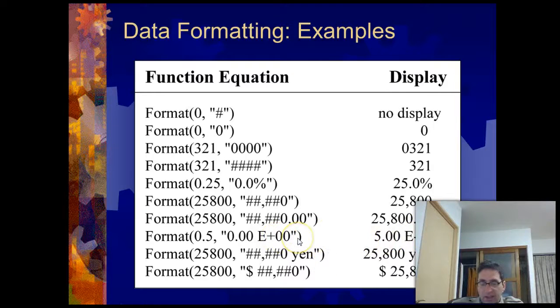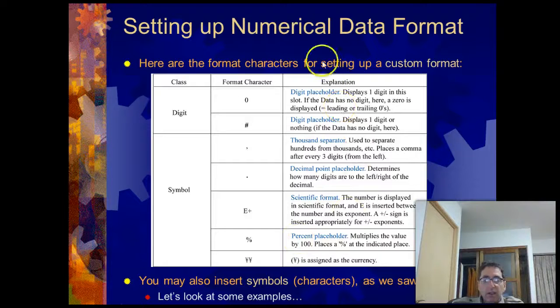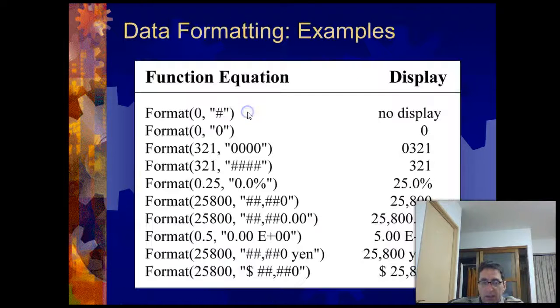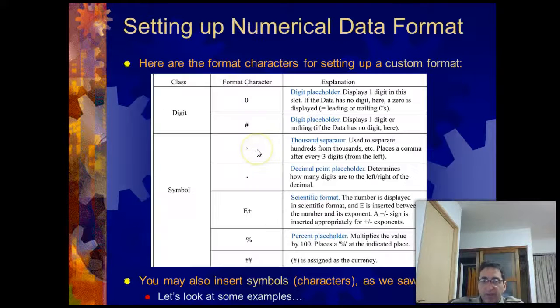Okay, let's take a look at these. If you have a 0, the digit 0, we're not talking about the value here, the number we're trying to format, but the format character. If you use a 0 like we did here, or here, it's a digit placeholder. The digit placeholder displays 1 digit in this slot.